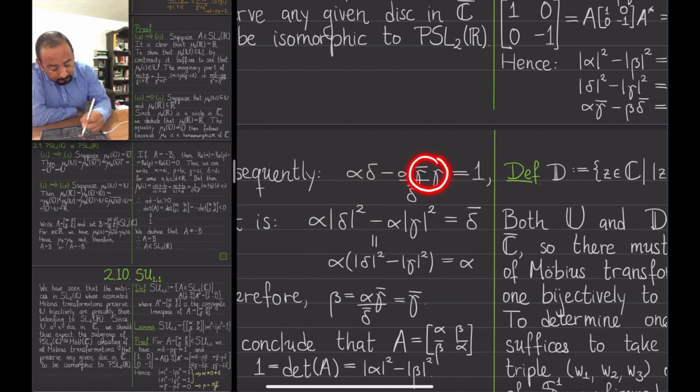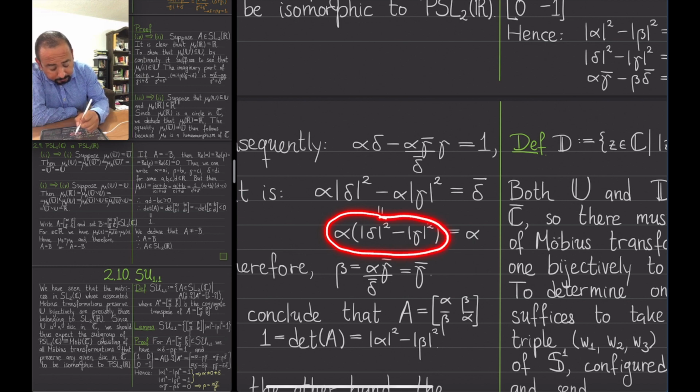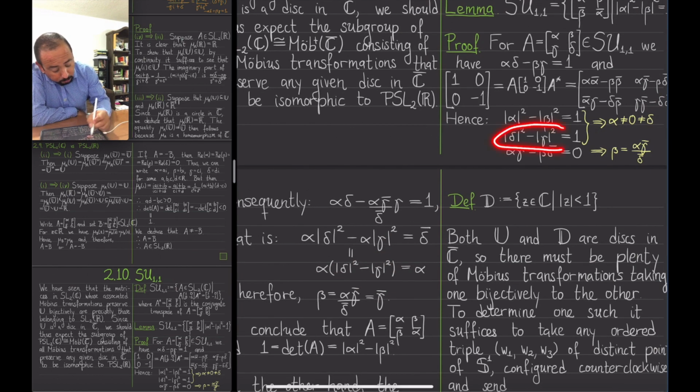Here I have the square of the norm of gamma, and on the right I get delta conjugate. Right now, here I have alpha as common factor, so I factor it, and then I realize that this was equal to 1. Right, so this gives me alpha, and so I deduce that alpha is delta conjugate.